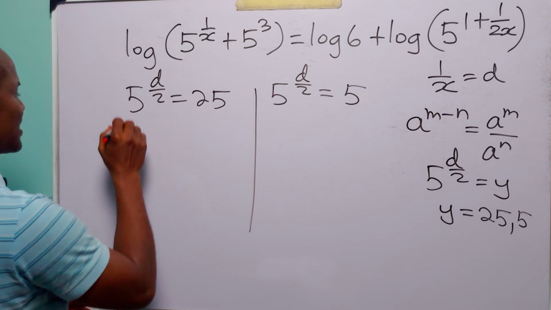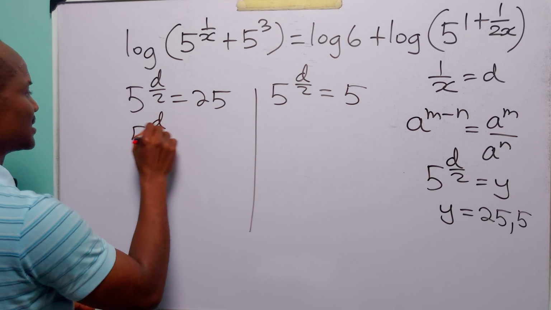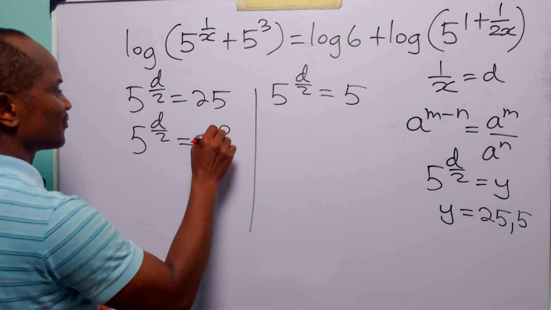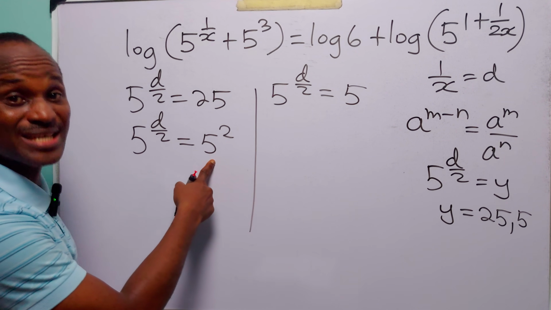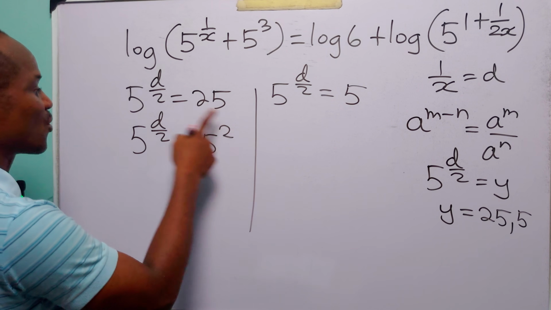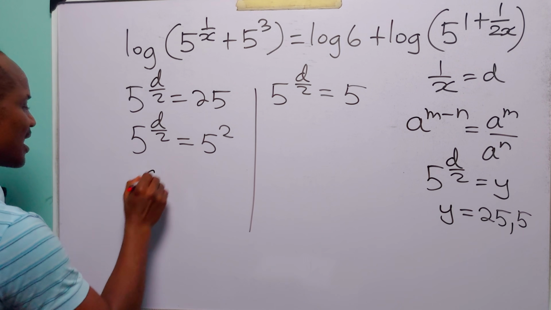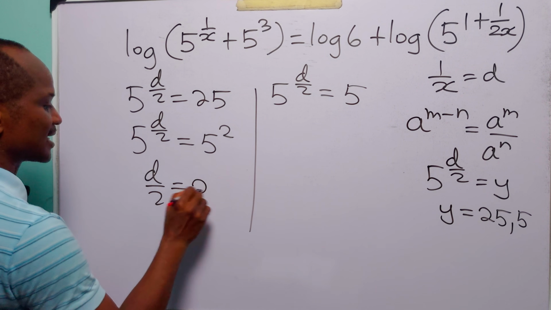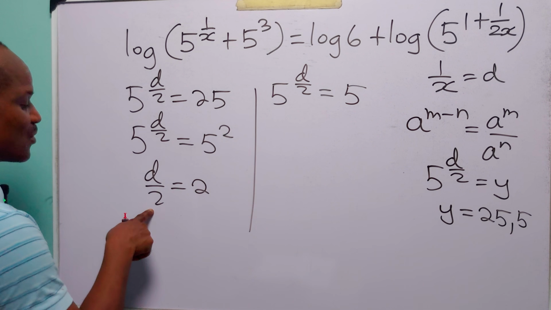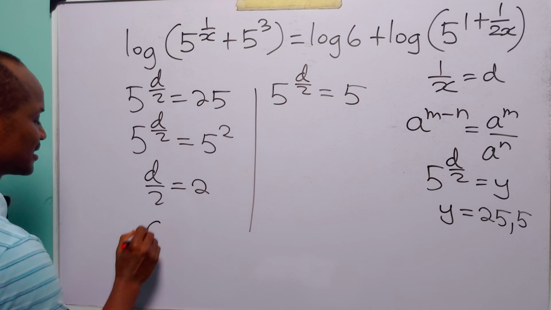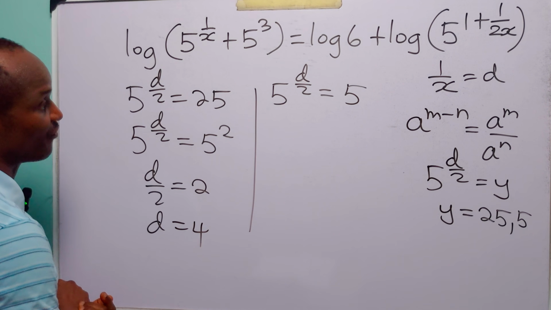Now, you know that we can write this as 5 to the power d over 2 is equal to 5 squared. And now that we have the same base on both sides of the equation, we can equate the exponents. So we have that d over 2 is equal to 2. Multiplying both sides of this equation by 2, we have that d is equal to 4.